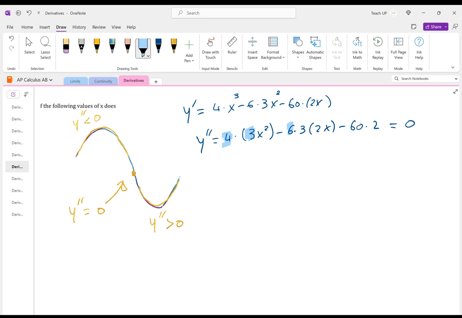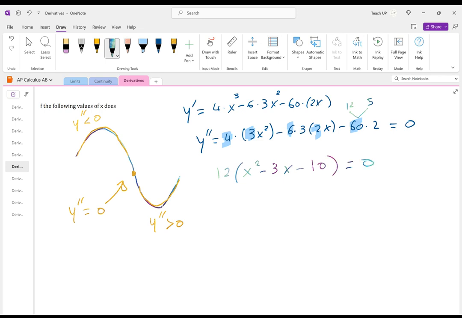I also have 6 times 2, which is 12. And inside of 60, I can factor out a 12. So 60 is the same thing as 12 times 5. Therefore, I have a common factor of 12, which I'm going to factor out. I'm going to have 12 times x squared minus 3x minus, that last term has 5 times 2, which is going to be 10. And we're going to set this equal to 0.